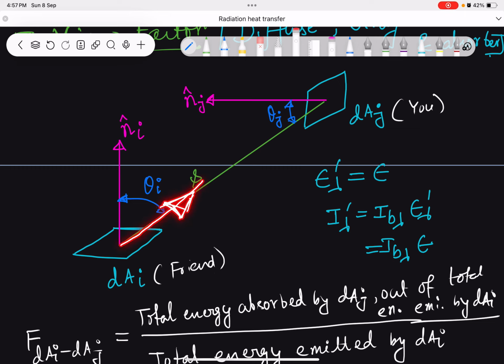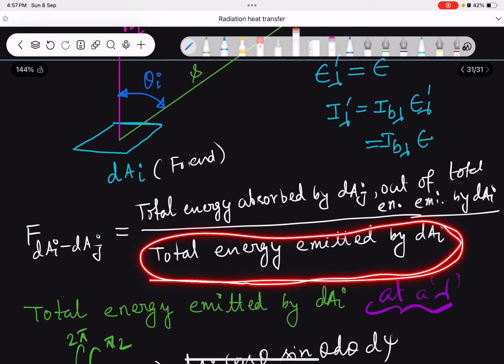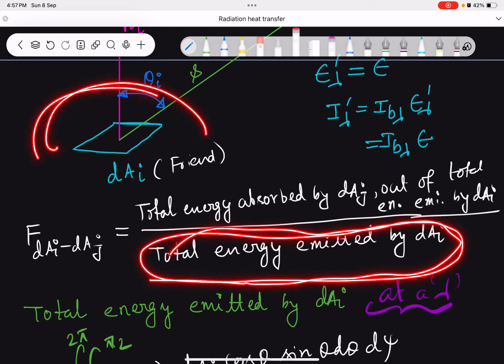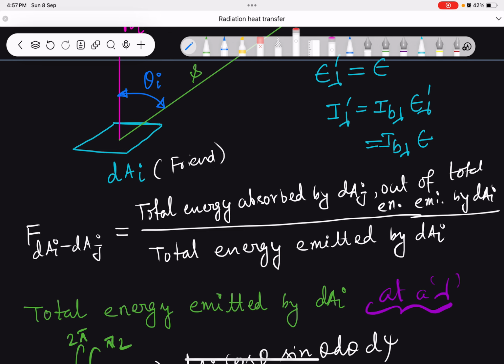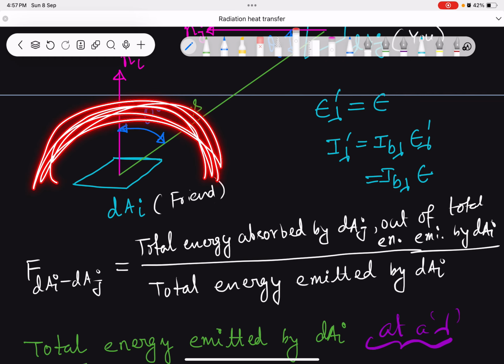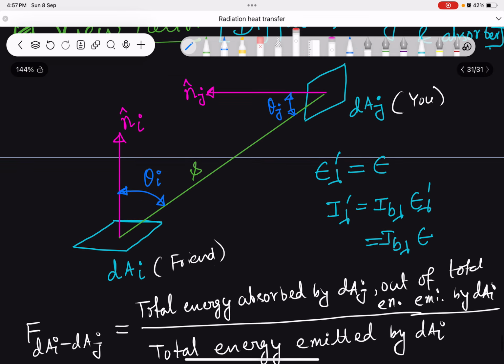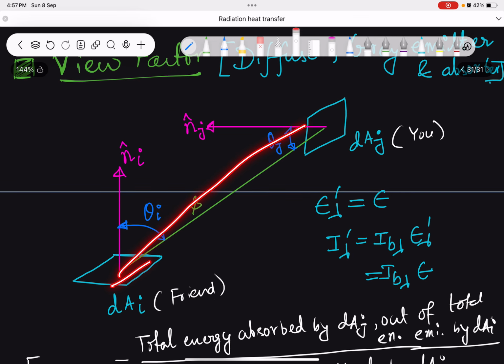Okay, so there are so many radiation rays, so you have to integrate, right? Likewise, you integrated to find the total energy throughout this direction. Again, you have to find that throughout all these directions, how much energy is leaving, and from that energy how much is contained in this much solid angle.